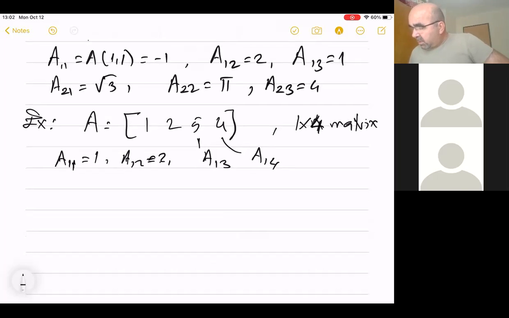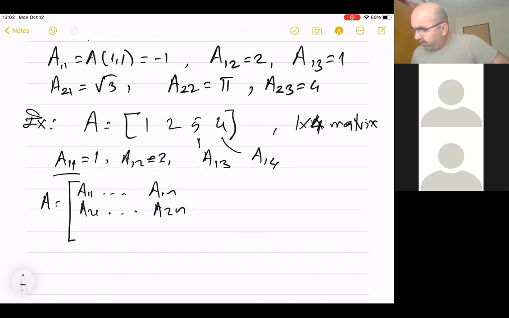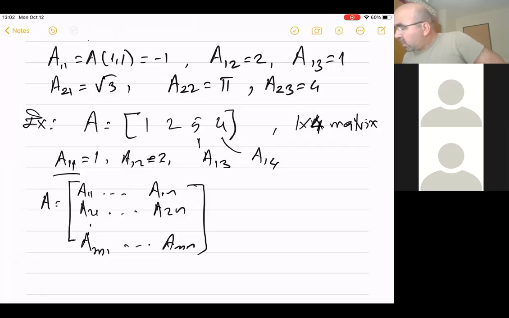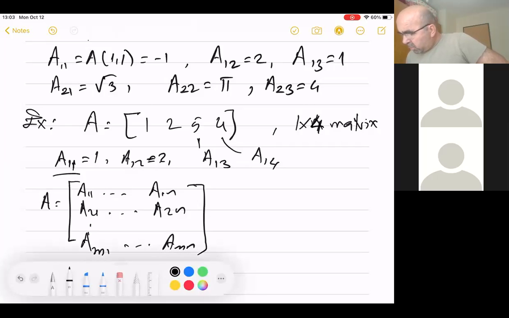Next, when you have a matrix, A11, A1n, A21, A2n as above, and AM1, AMN, let's use different colors.